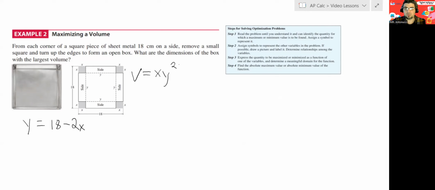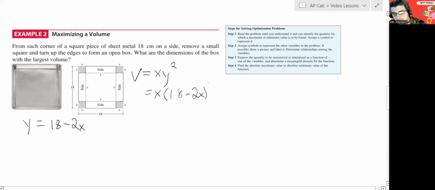So however far in you cut, when you flip it up, that becomes the height. So length times width times height gives us xy squared. Now, we want to get this all in terms of x, so y equals 18 minus 2x, and we're going to square that there.